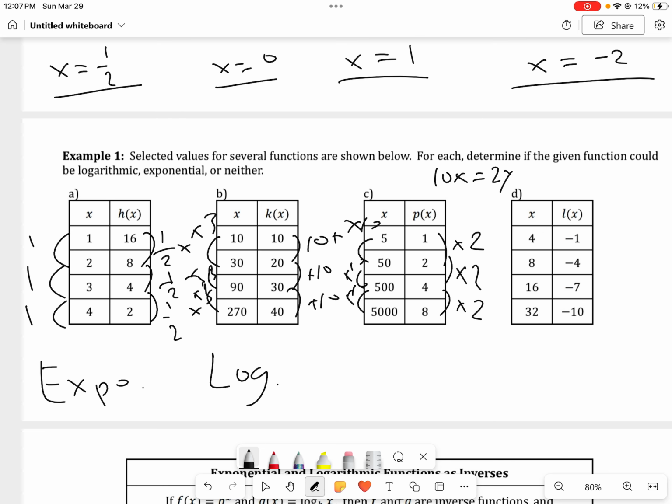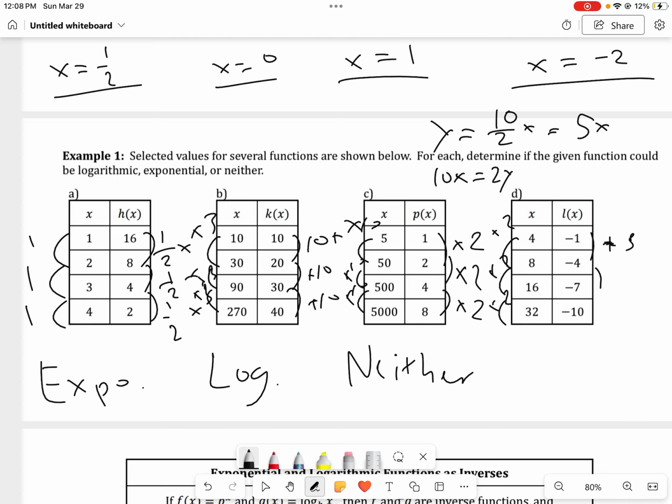In other terms, y is equal to 10 over 2x, which is just 5x, and that is a linear behavior. So this would be neither. And then this last one, times 2, times 2, times 2, and this one's moving minus 3, minus 3, minus 3. So that is log.